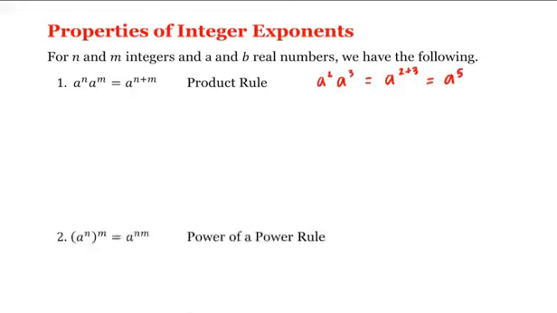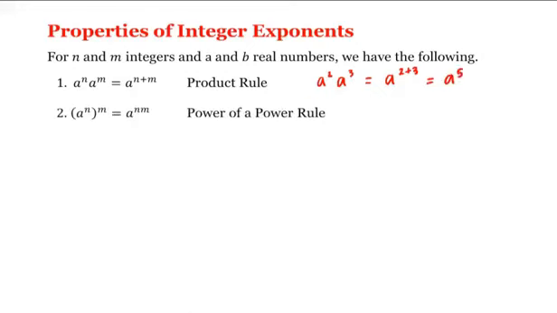The second property states that a to the n raised to the mth power is equal to a to the n times m, and is often referred to as the power of a power rule. For example, a squared cubed is equal to a to the 2 times 3, or a to the 6th.